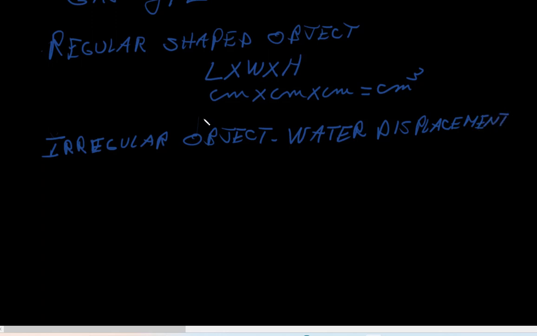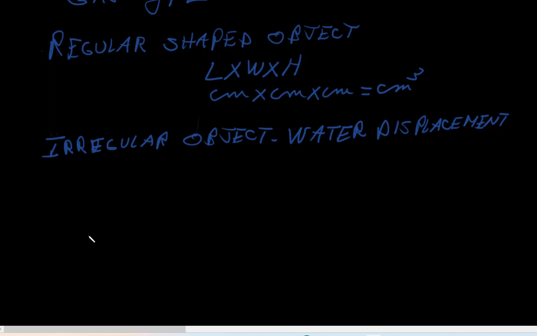If you sit in a swimming pool or a small swimming pool or a tub, once you get in, you can notice that the level of water rises. Well, the same thing can be used to determine the volume of, let's say, a little stone or a rock.